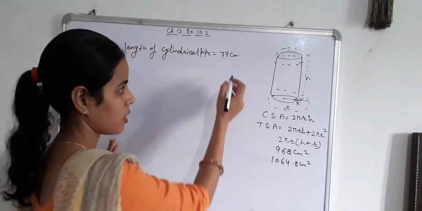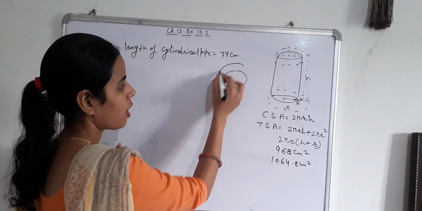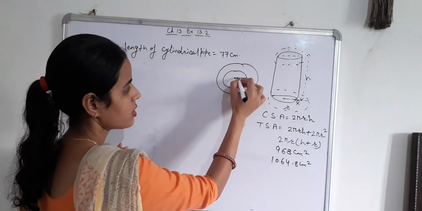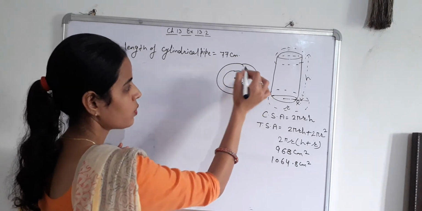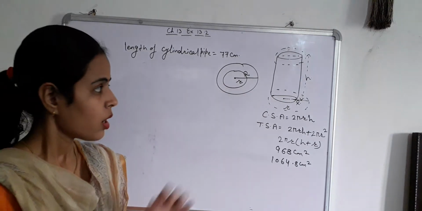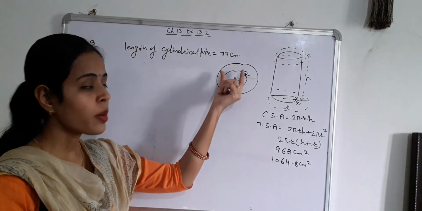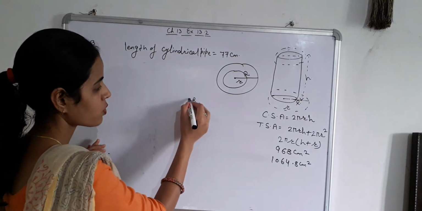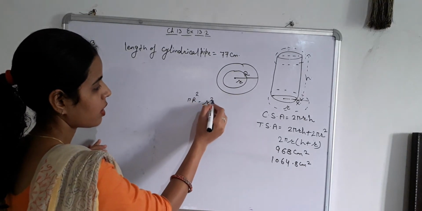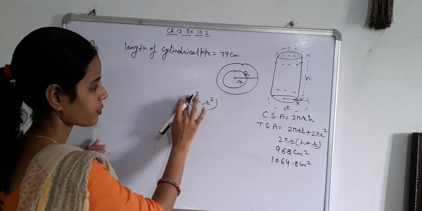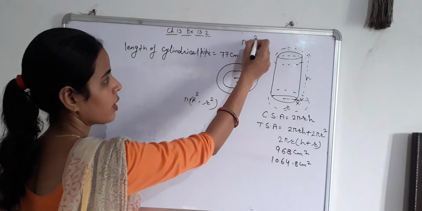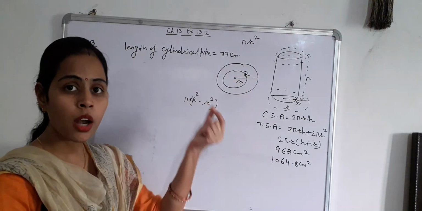Now we are going towards the total surface area. There are two parts, inner part and outer part. Radius and this equals r. So the area of this circular part will be pi R square minus r square. Area of circle equals pi r square, but there are two circles.